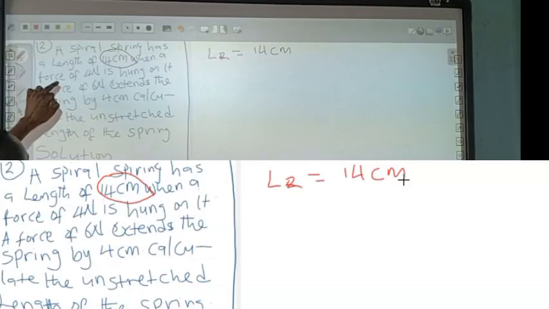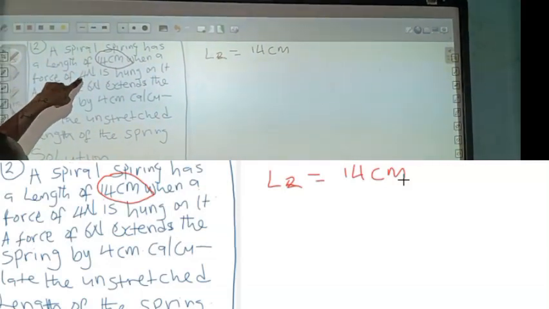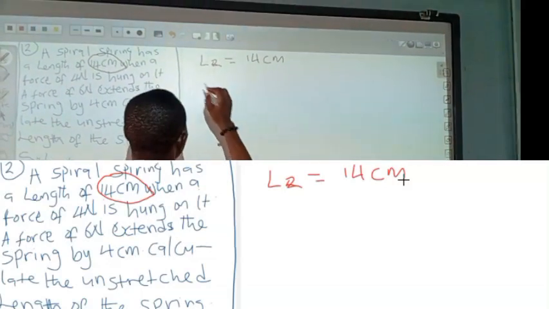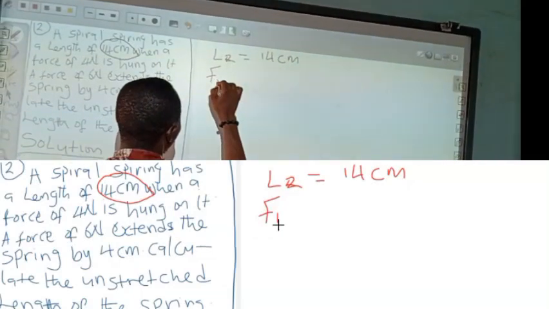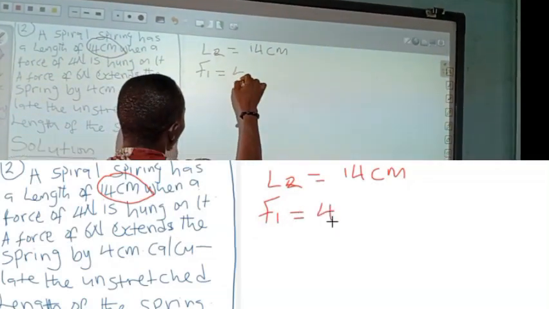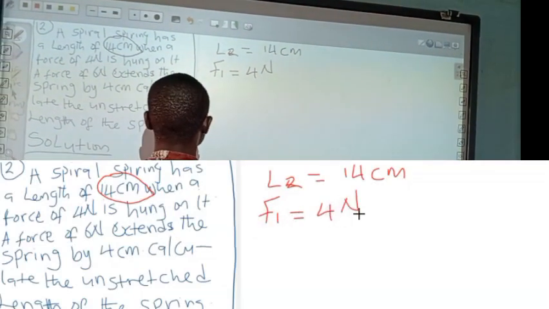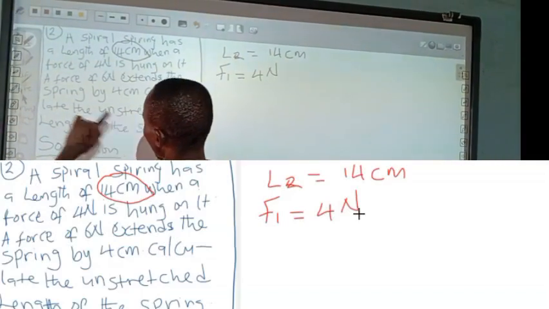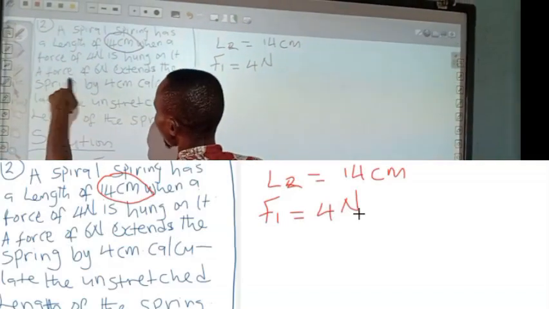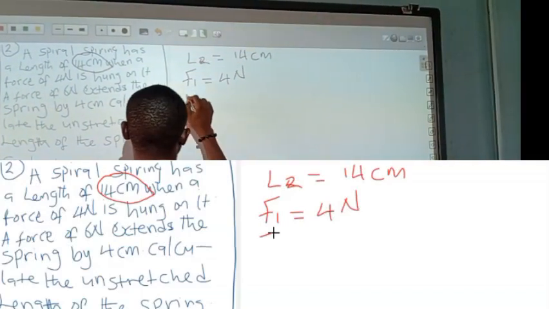Okay, when a force of 4 Newton is hung on it, so I can have F1 is equal to 4 Newton. All right, now the next part of the question is a force of 6 Newton, that's F2.